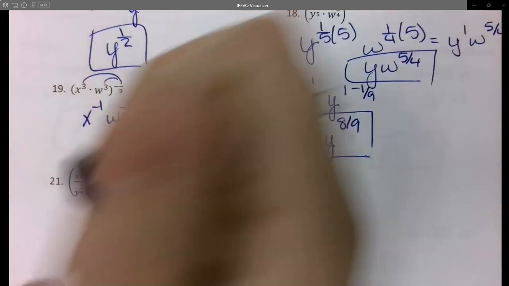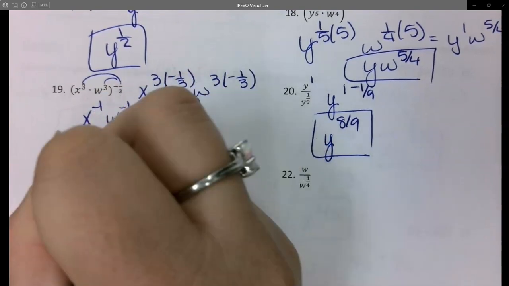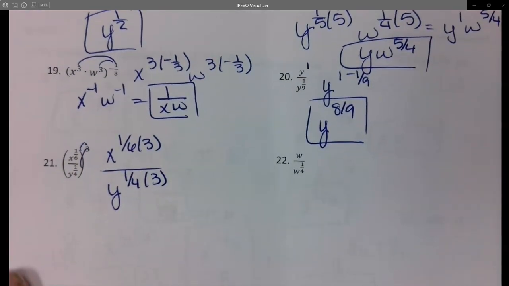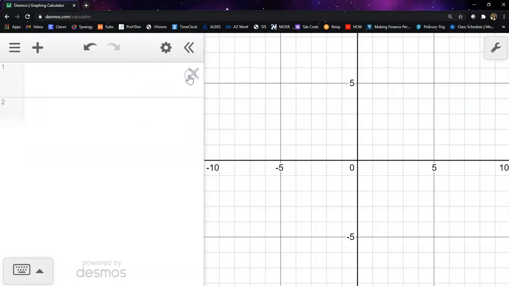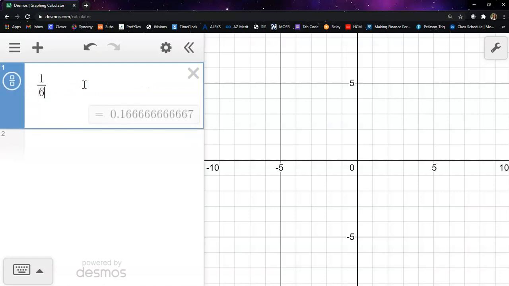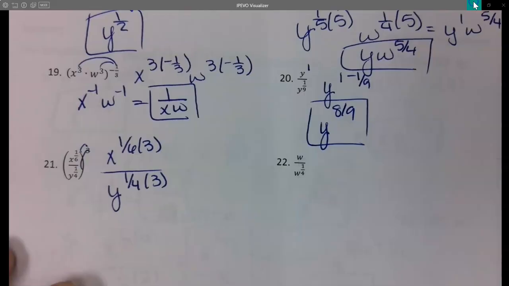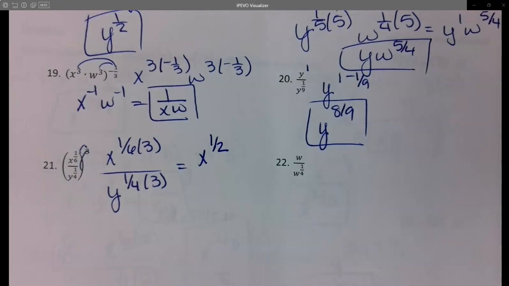Okay, number 21, I want to distribute that 3. So I'm going to have x to the 1/6 times 3 over y to the 1/4 times 3. So I want to do 1/6 times 3, which gives me 1/2. And then I want to do 1/4 times 3.